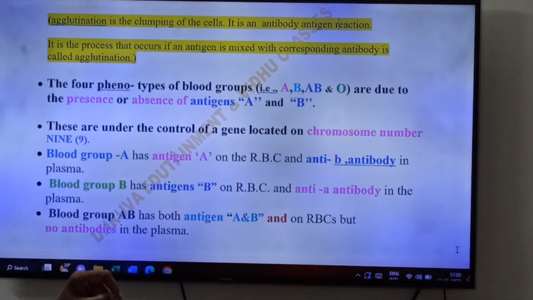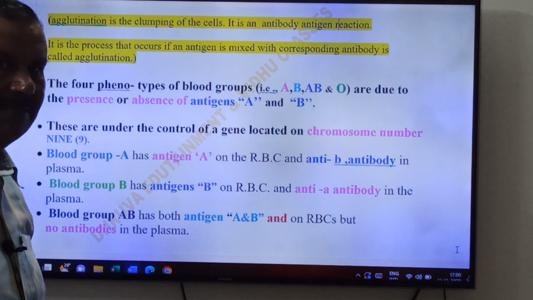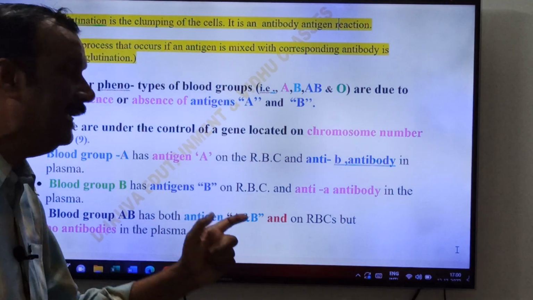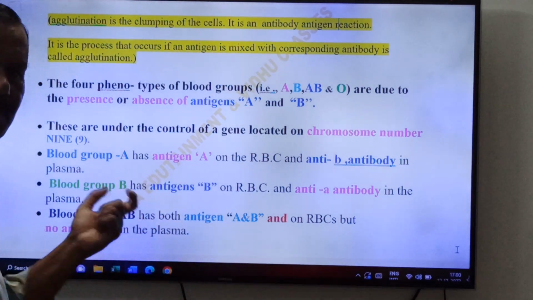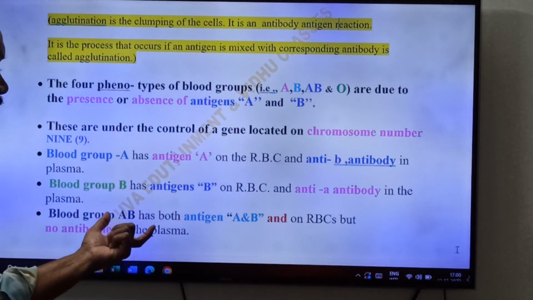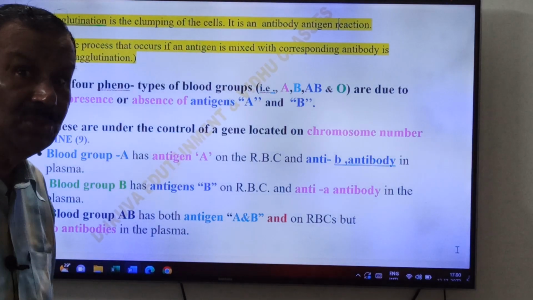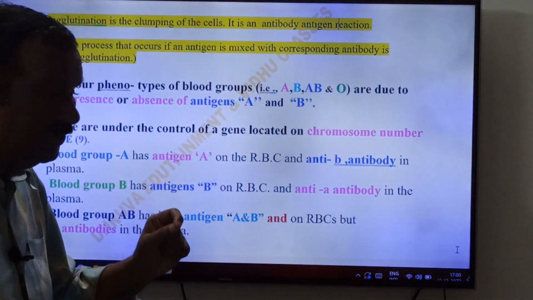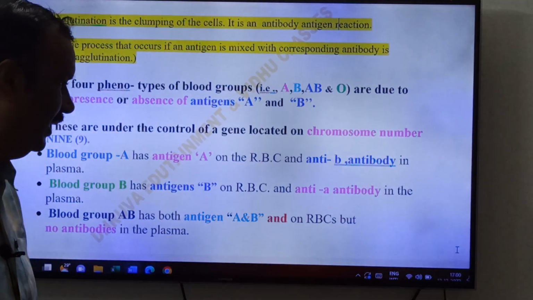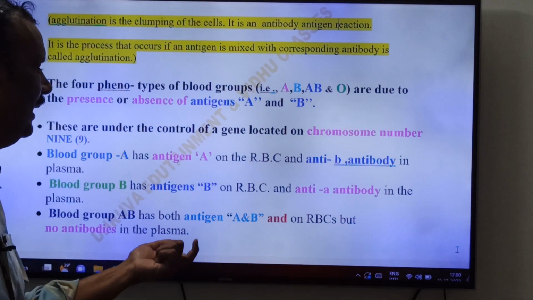Blood group B has antigen B on RBC and anti-A antibody in the plasma. Blood group AB has both antigen A and antigen B on RBC and no antibodies.